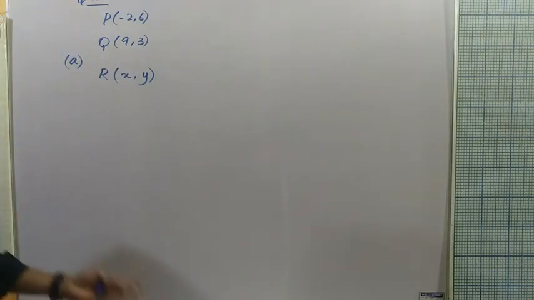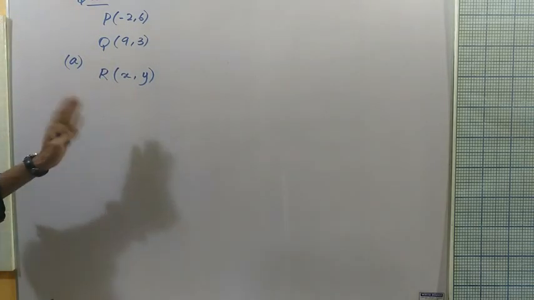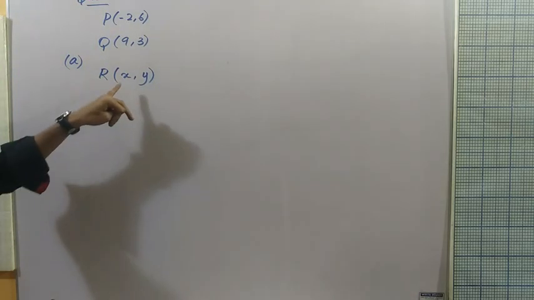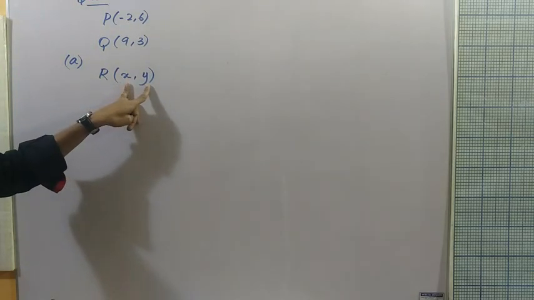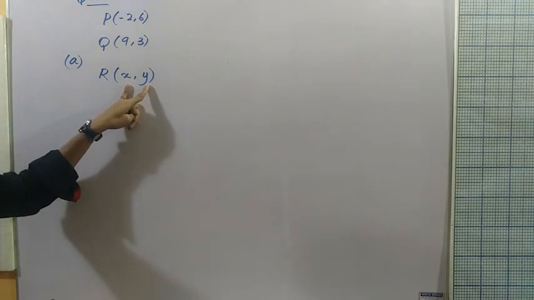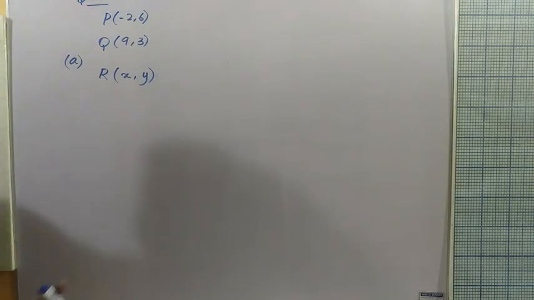And then they have asked you to find the value of R. In order to find the value of R that I have assumed right now, I have to find the value of x and the value of y. These are two variables, so I require two equations. The question will give me something to form an equation.